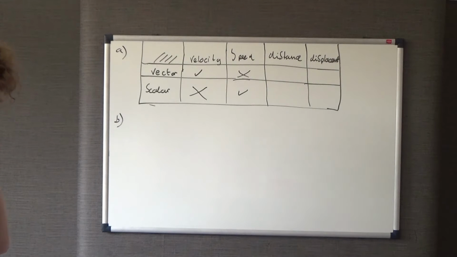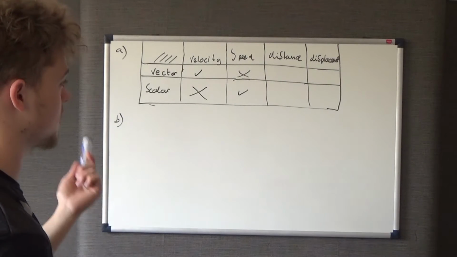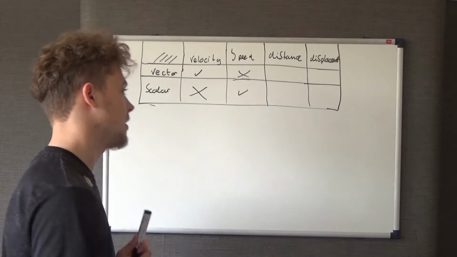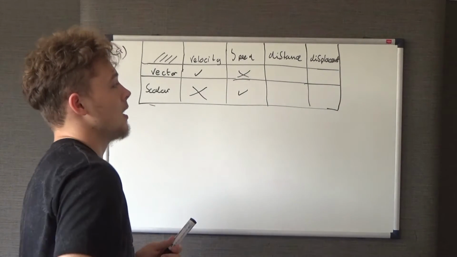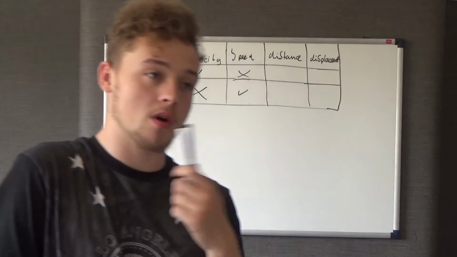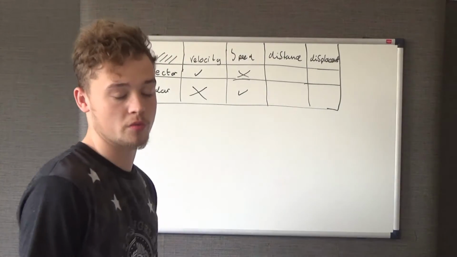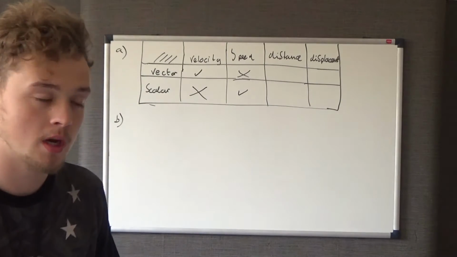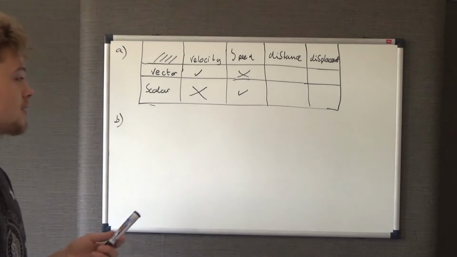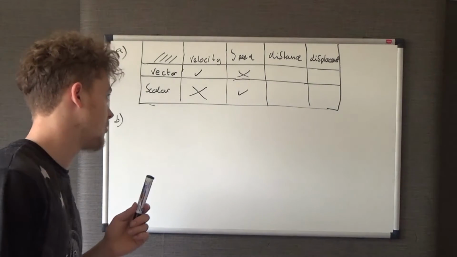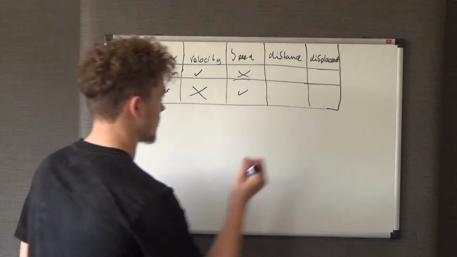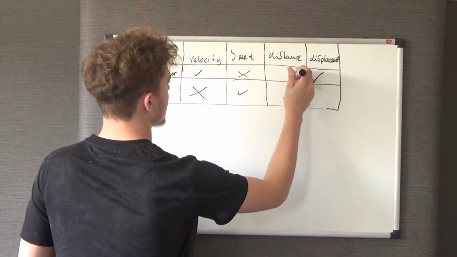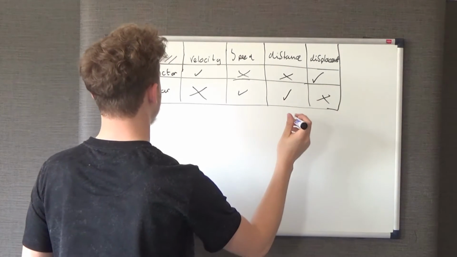I think the best way to describe the difference between these two is this: if you went a certain distance away, and then came back to where you started from, the overall distance would be fairly big, whereas the displacement would be 0. Hopefully that makes sense. So displacement is the vector and distance is the scalar. So that would be your answer.